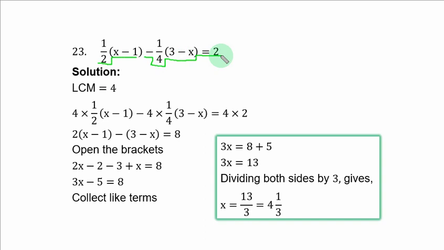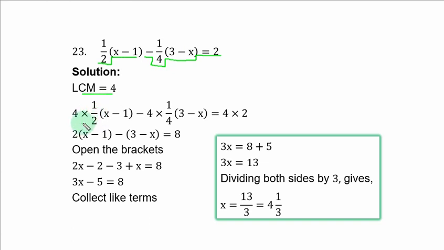One thing I prefer doing when solving equations involving fraction is to clear the fractions, and you do that by using the LCM to multiply through. In this case, the LCM of the denominators 2 and 4 is 4.